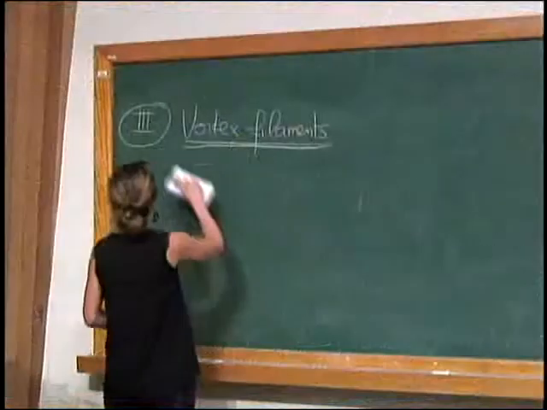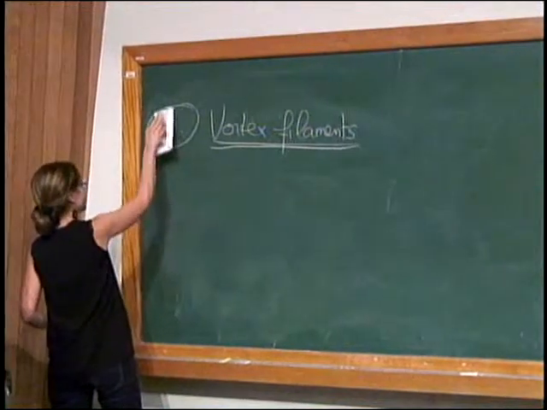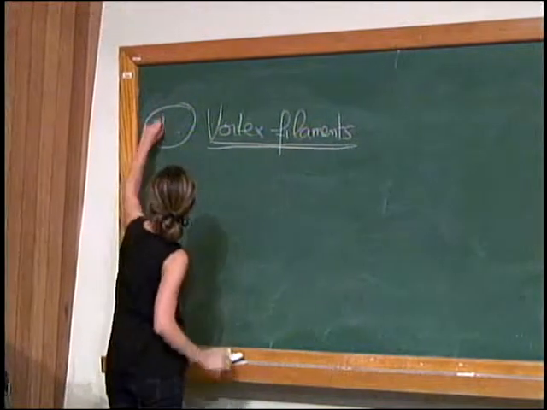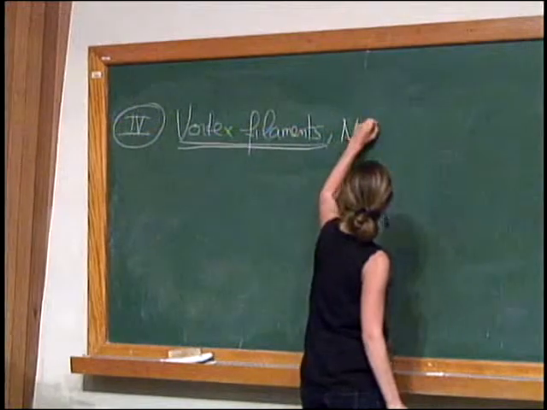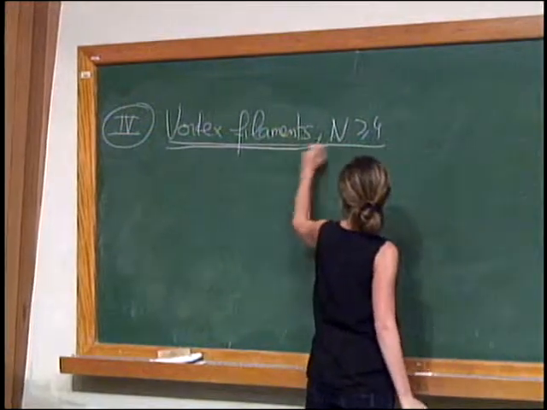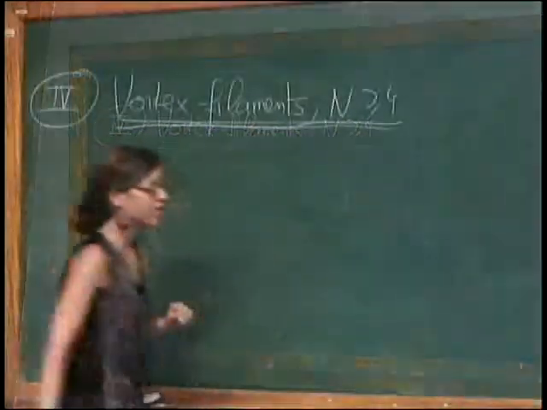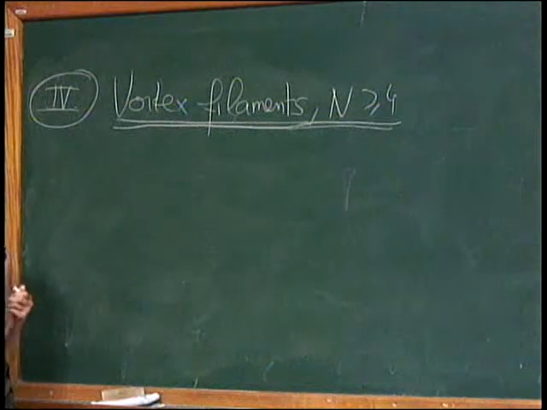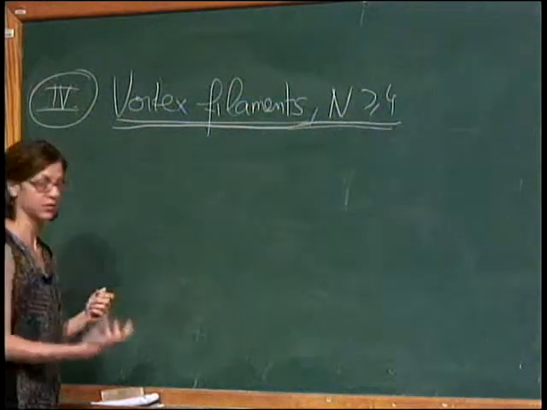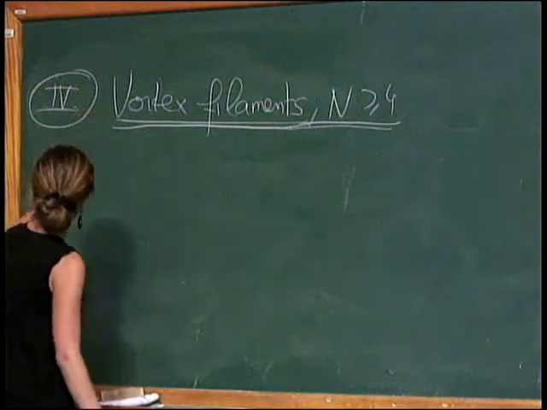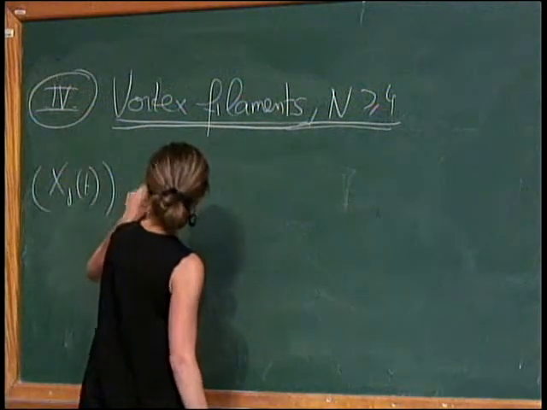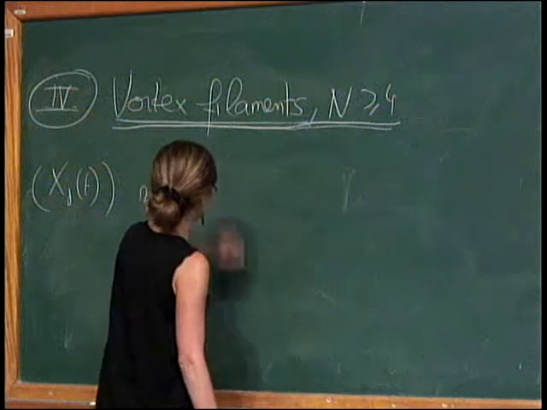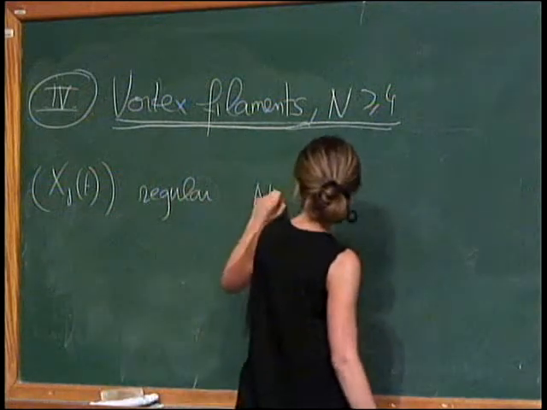So now we want to consider the case of more than 3 vortex filaments. And we still consider the case of a rotating polygon, n-gon. So we consider xj of t to be a regular rotating n polygon.